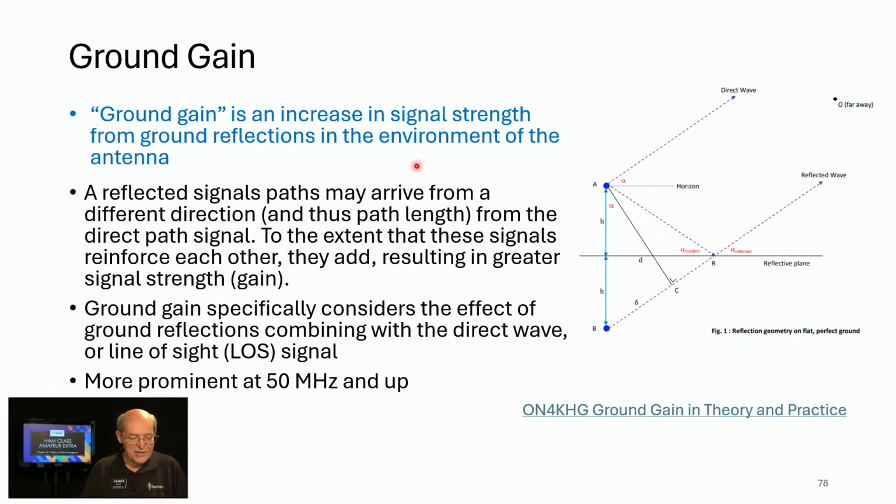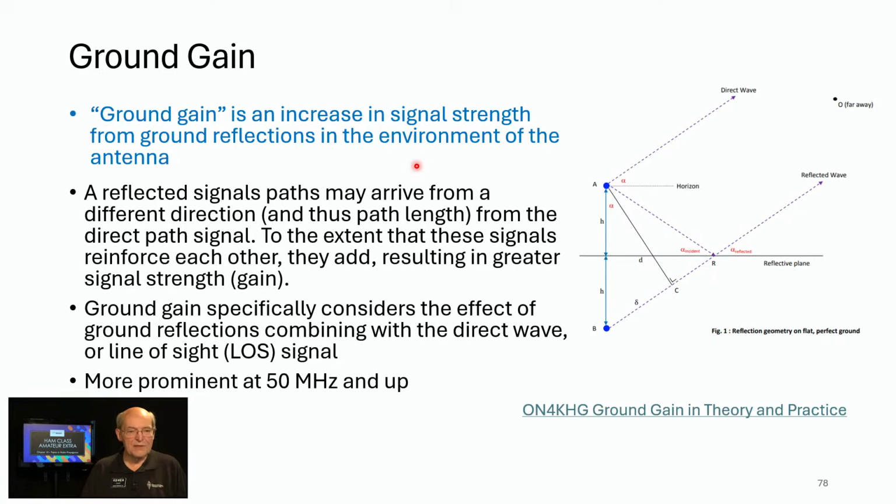So this has to do with signals taking more than one path. If we go from point A to point B directly, we have a certain signal strength. If there's another path from point A to some object and then to the receive site, that's something that we're used to considering as multipath.